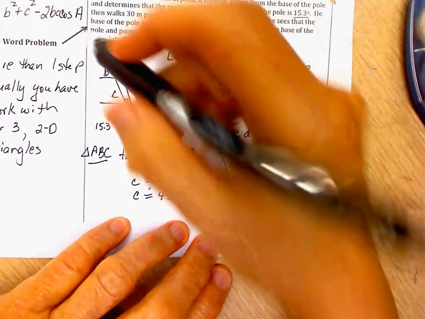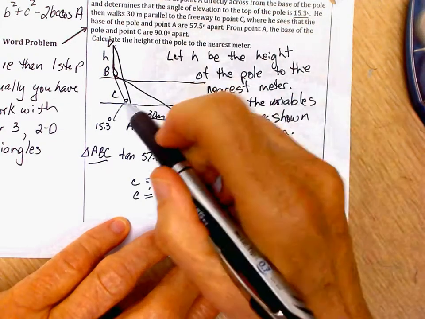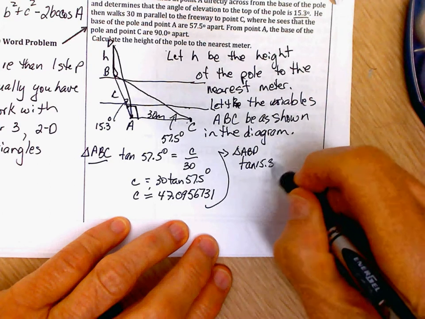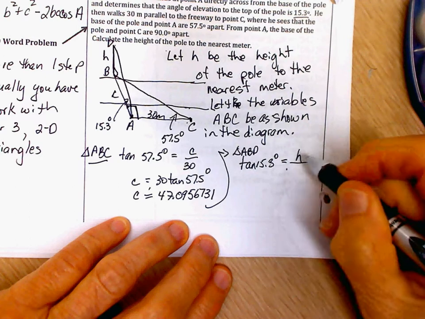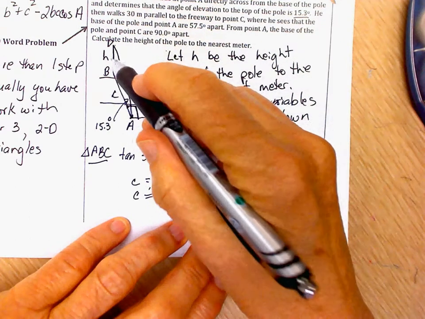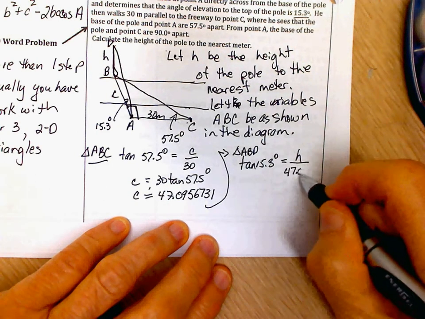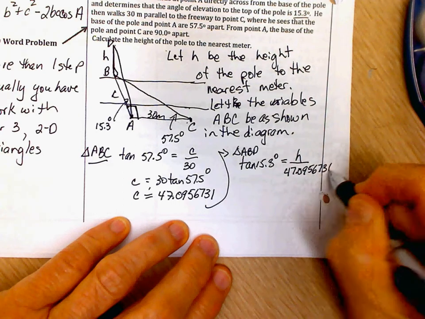Okay, so now we have tan of 15.3 degrees equals H over adjacent for tan. So it's 47.0956731. I like to maintain a high degree of accuracy.